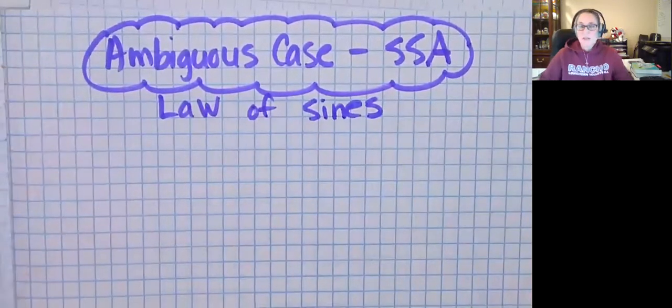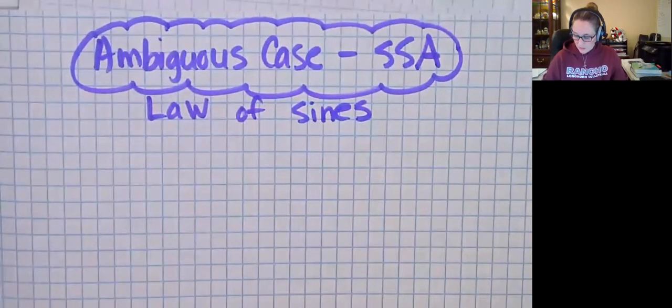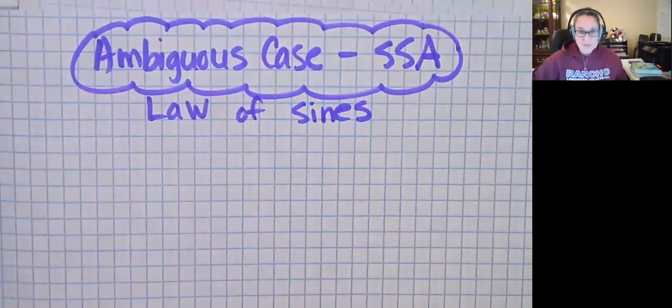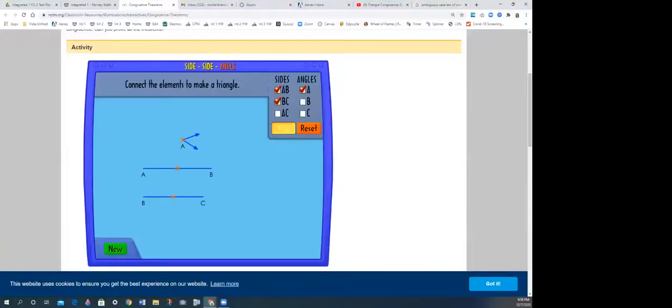And so what can happen, and I showed this on a video for the assignment, I'm just going to reshare so you see that you can have more than one triangle. So let me just get that for you. Again, this is showing that side angle can end up with two triangles, okay?